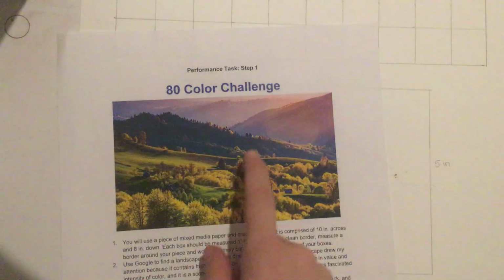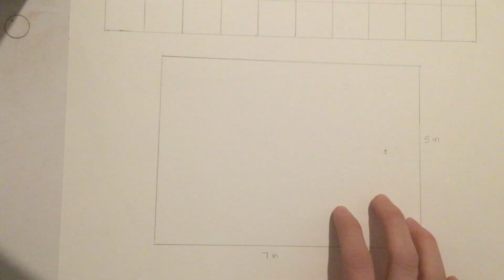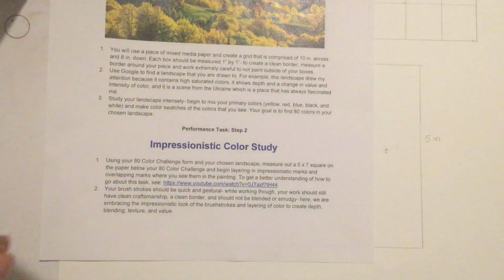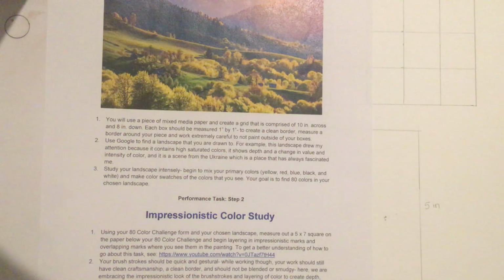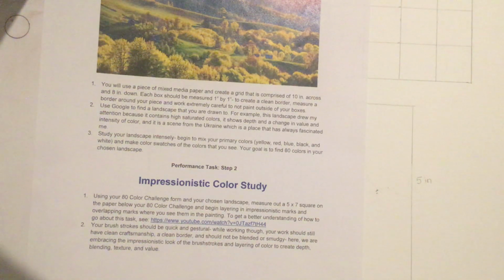You are going to recreate this landscape that you chose in a 5x7 box on your paper, okay? You're going to want to take those edges, because Impressionism is all about loose brush strokes, and it's playing with color to create texture and to create form. To get a better understanding, please check out this website or see me for help. You got this.